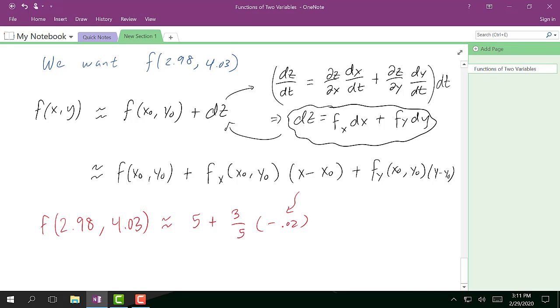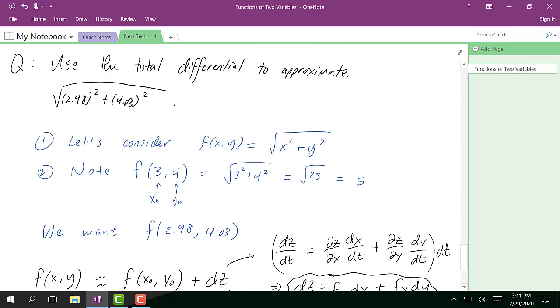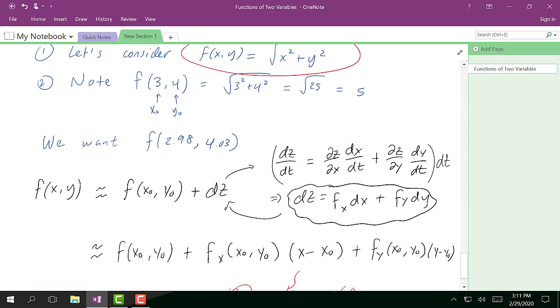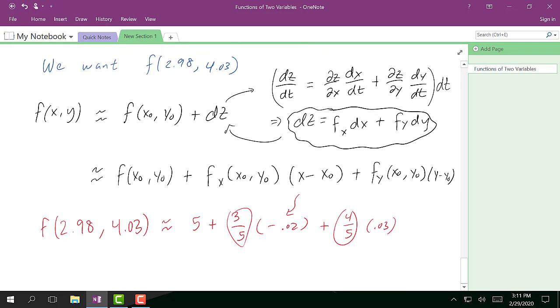Again, this is going to be the 3 minus the 2.98, plus 4/5 of 0.03. And so I got the 3/5 and the 4/5 by taking the partial derivative of this function right here with respect to x and y, then evaluating them at x naught and y naught. And so what we get is about 5.012.